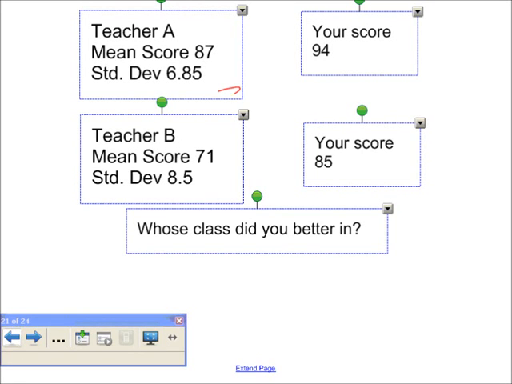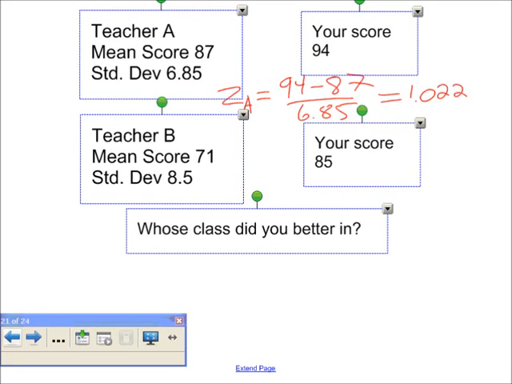So, your z-score for Class A is going to be 94 minus 87 divided by 6.85. And if you do that in your calculator, you get a z-score of 1.022.